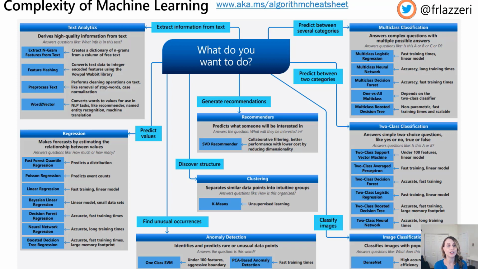If you want to predict a numerical variable, as you can see, you can use predict value categories, and under that there is a regression family with a lot of different algorithms that you can pick to build your machine learning models. Finally, text analytics. This is about extracting information from text. Also in this family, you have a lot of different options. So always start by asking yourself the question, what do I want to do with my data?